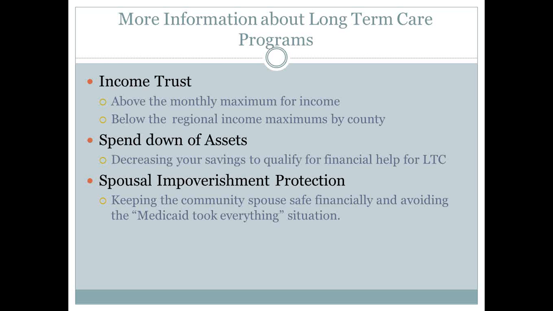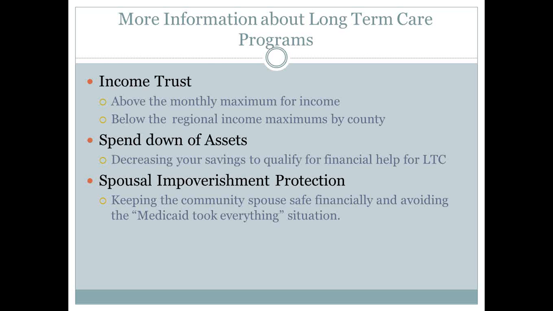They do have to stay below the regional income maximums that are established by the state in a county area. But honestly, they can make a little over $7,800 a month in some counties in Colorado and still qualify to get Medicaid assistance.